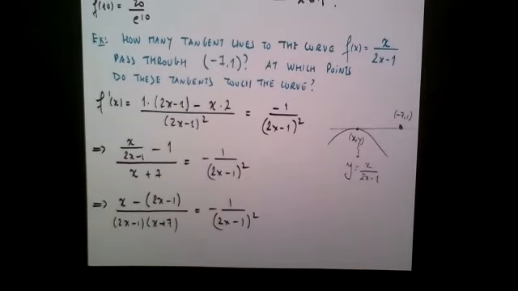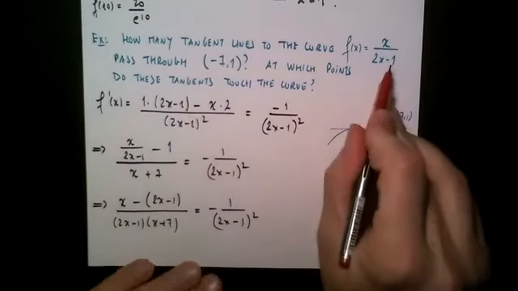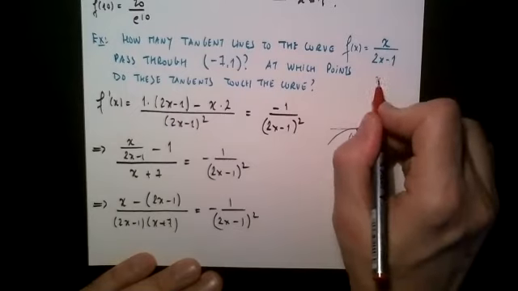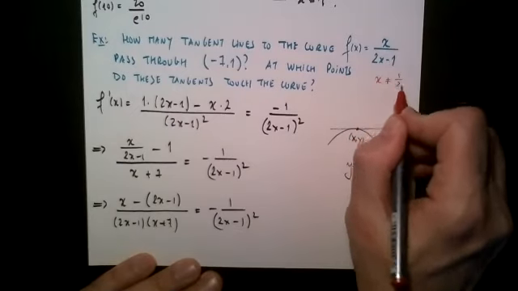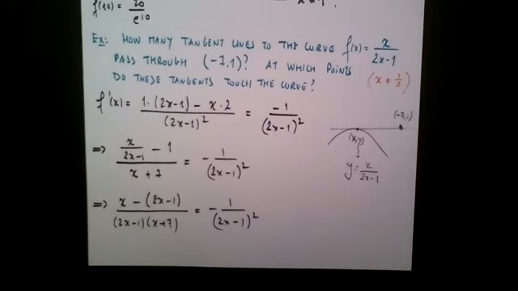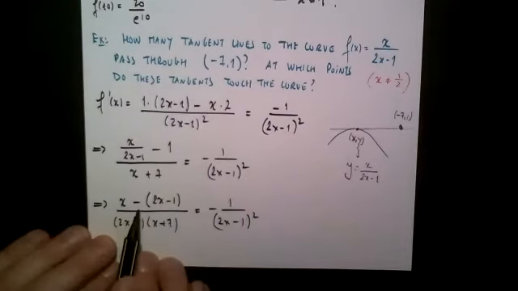Okay, so obviously don't forget that my function is not defined at 1/2. So from here, x is not equal to 1/2 for sure. So on top here, I have 1 minus 2x. No, sorry, I have 1 minus x on top.